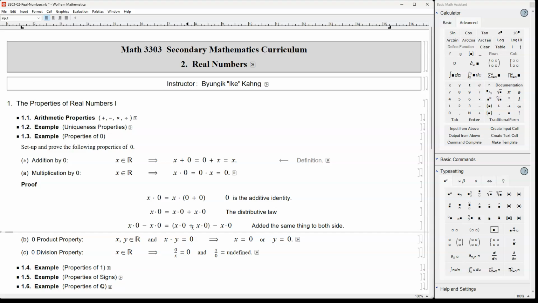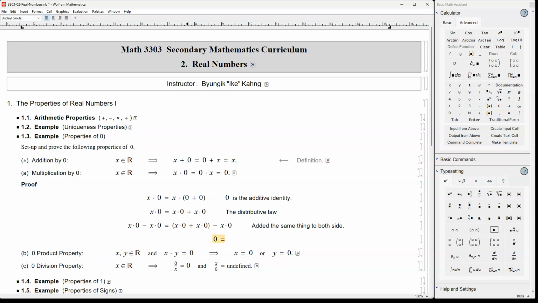Right hand side, I may have to do a bit further work. What did I just use? I used the associative law. Do you see that?